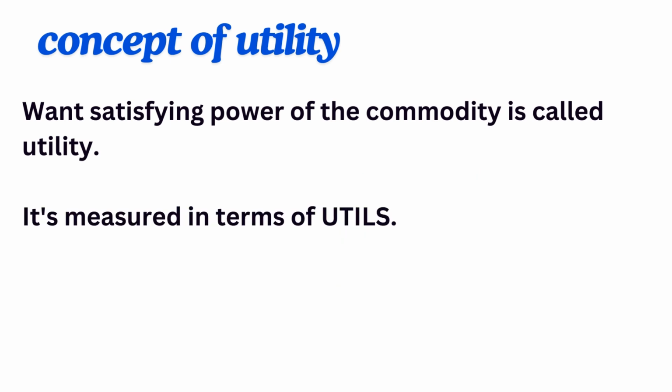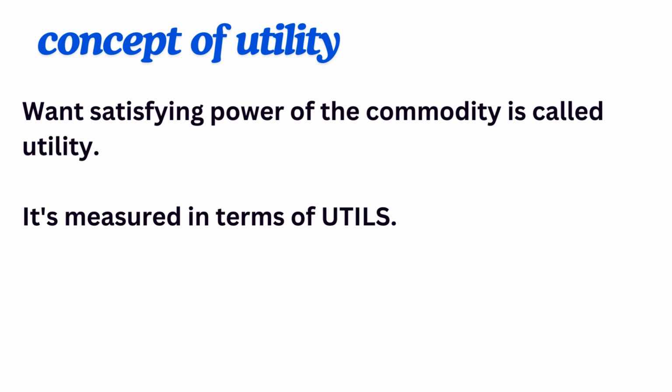Another important point in this chapter is that it is based on the assumption that utility can be measured. Just like we can measure length in terms of centimeters, meters, in the same way, utility can be measured in terms of utils, like in terms of cardinal numbers: 1, 2, 3, 4.